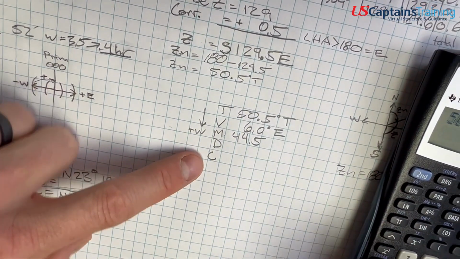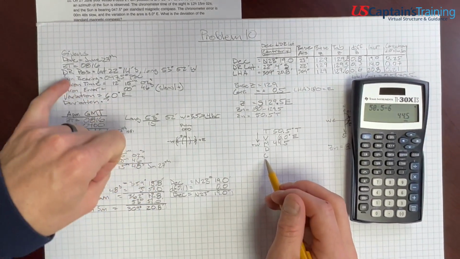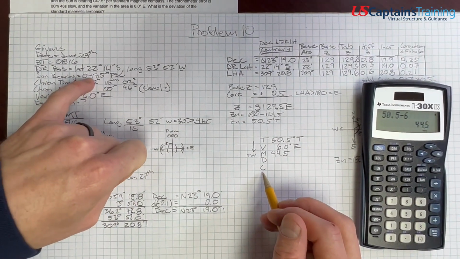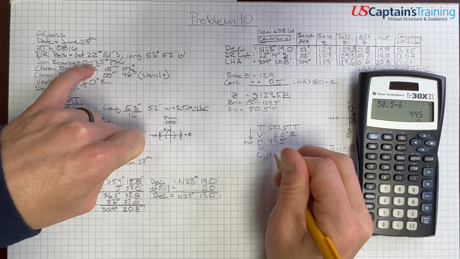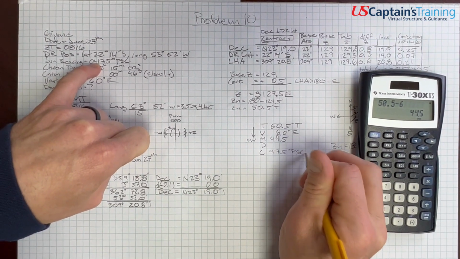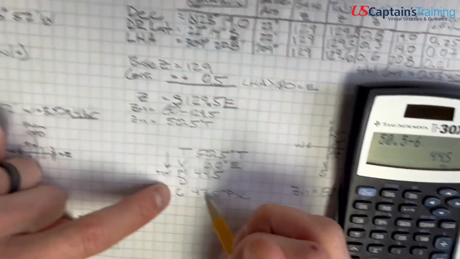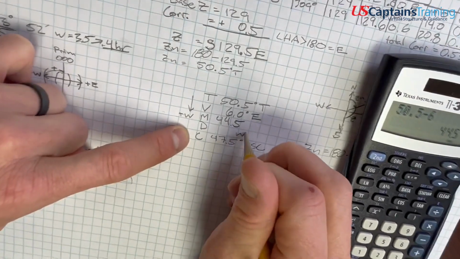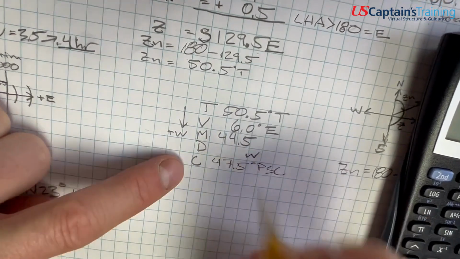And now our compass was given here. It was sun bearing 47.5 degrees PSC. And now to go from 44 down to 47, we need to be adding, so it's west.